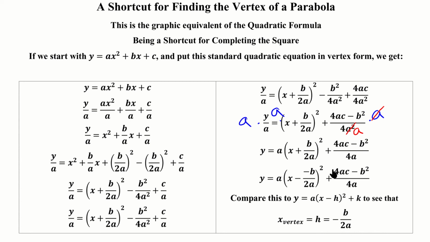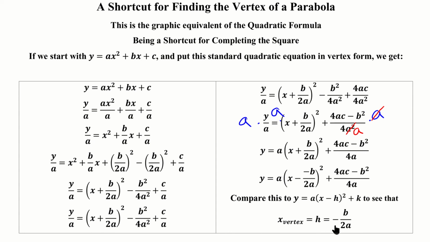Now, that's a lot to try to remember. I don't need to worry about that. I went through all this process just for this. I wanted to know, if I start with a quadratic function in standard form and go through this whole process of completing the square, what is this h value going to be?